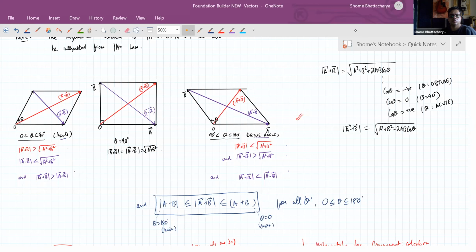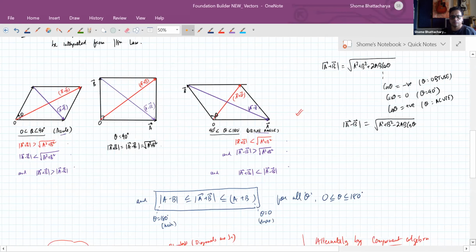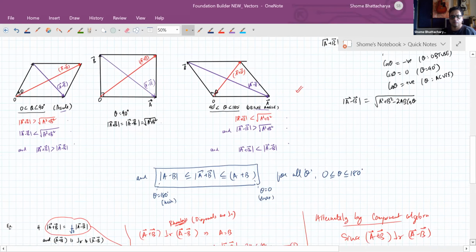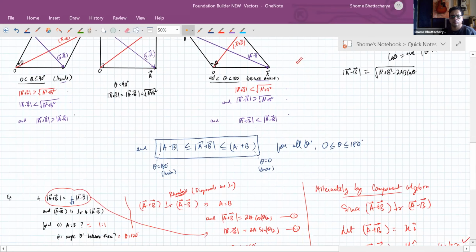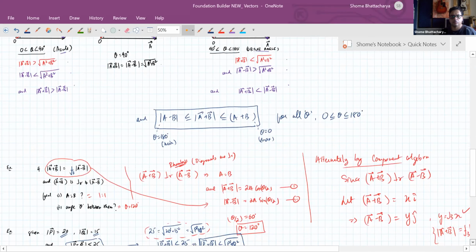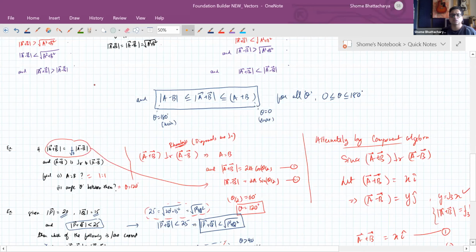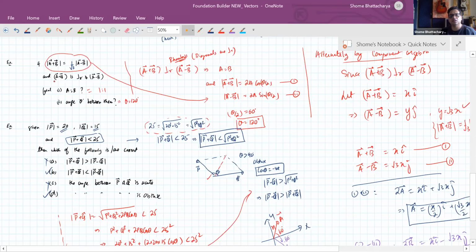Okay, yeah, Hitanshu, I'll explain the first one again. Okay, so see, in the first one, the given condition to us is that a plus b is perpendicular to a minus b.